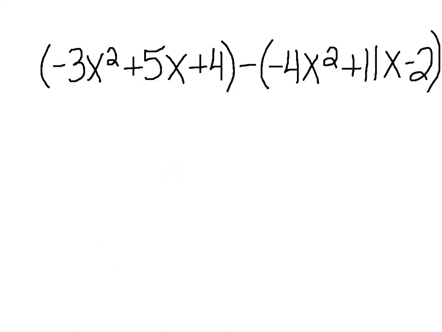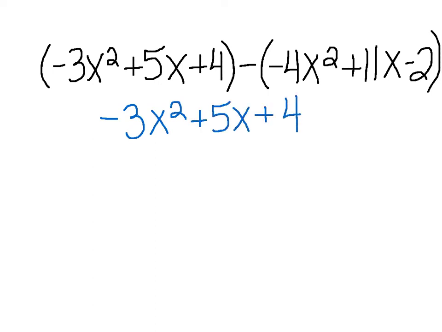Let's take a look at one more example. Remember, as I said in the adding polynomials section, if it's written in horizontal form, that doesn't mean that you have to actually use horizontal form. We can write it in vertical form just as easily. So negative 3x squared plus 5x plus 4.